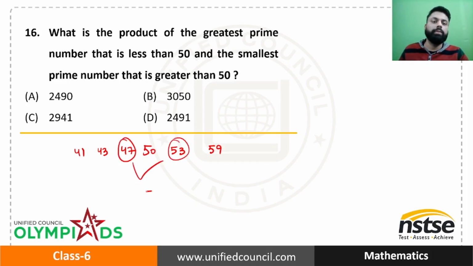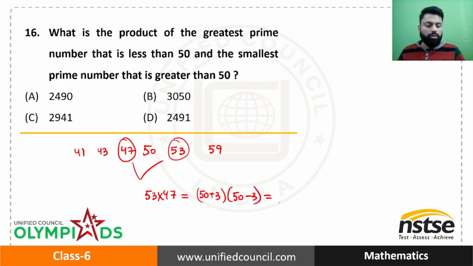So we need to find out the product of 53 and 47. Now you can do the simple multiplication, but this can be written down as 50 plus 3 times 50 minus 3. So this will be equal to 2500 minus 9, that is equal to 2491. The option is the correct answer.